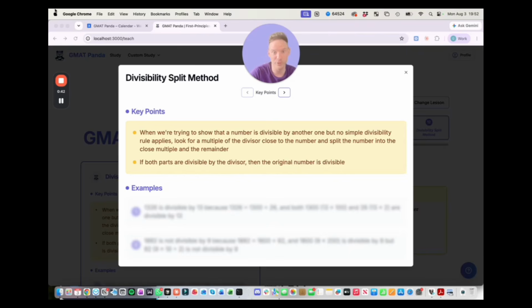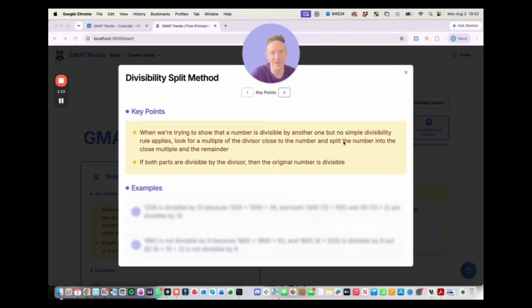So for example, we're not talking about divisibility by 2, 3, 4, etc., 5, those rules where we have some shortcuts to be able to prove the divisibility. In that case, usually what we want to do is to try and split the number in a way that we can prove that both of the parts are divisible by this divisor, right?